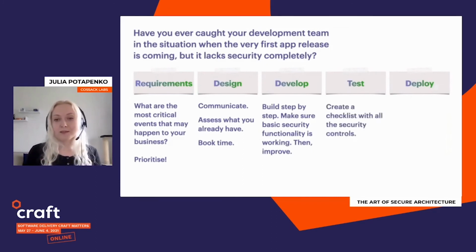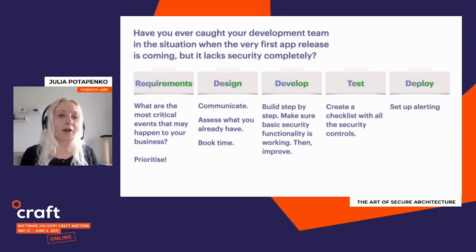Then for testing, I recommend using security checklists again. It will help you check everything before the release, and it will help you track if you have already implemented everything you wanted. And when you deploy, set up alerting.